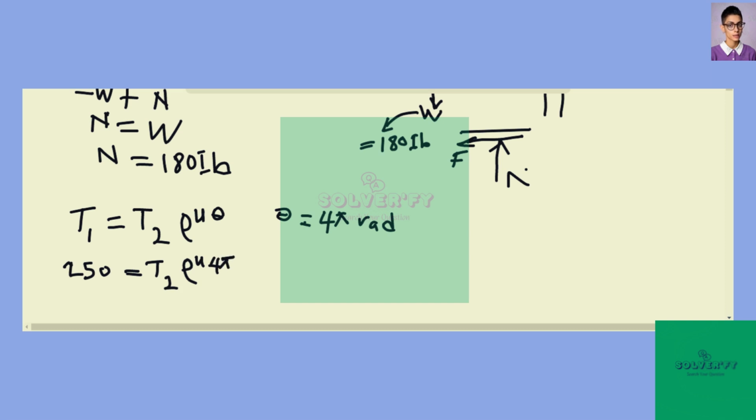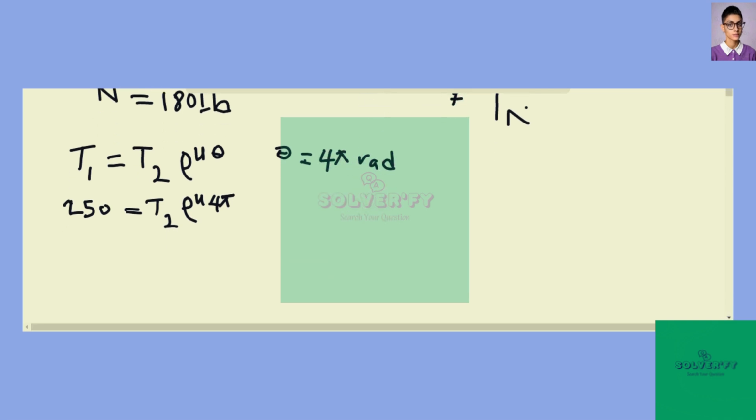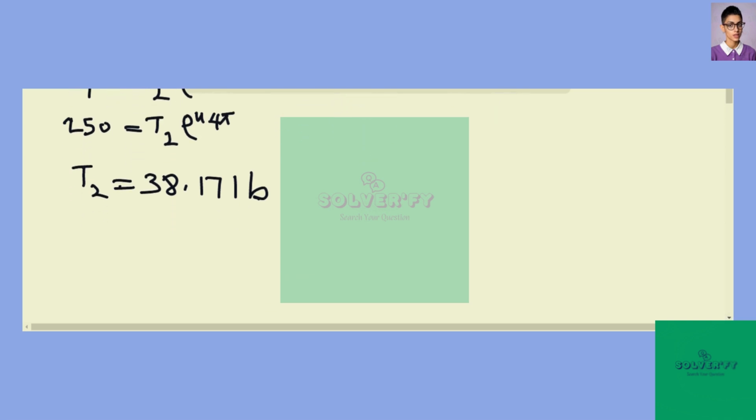When we do that, we arrive at T2, the tension in the rope on the side of the man trying to restrain the animal, equal to 38.17 lb. So now that we know T2, we can apply equilibrium in the horizontal direction and see what we are going to have.